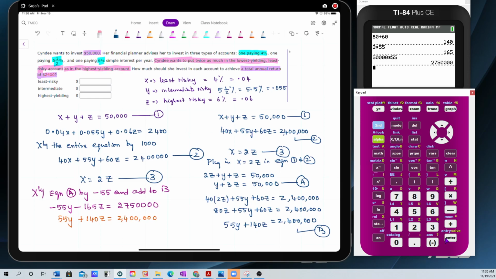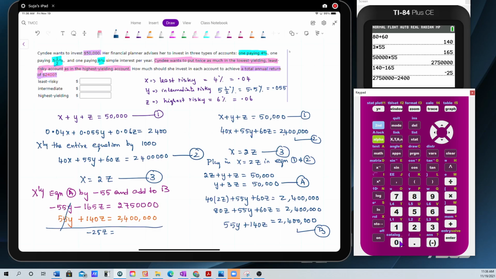So when I add these two, the Y's will get eliminated. So I'll have negative 165 plus 140. I'm using the calculator because I won't make any mistakes. Not even a simple mistake, and that's why I'm not doing it in my head. So negative 25Z, this number minus my 2,412, I already missed a 0 here, right?